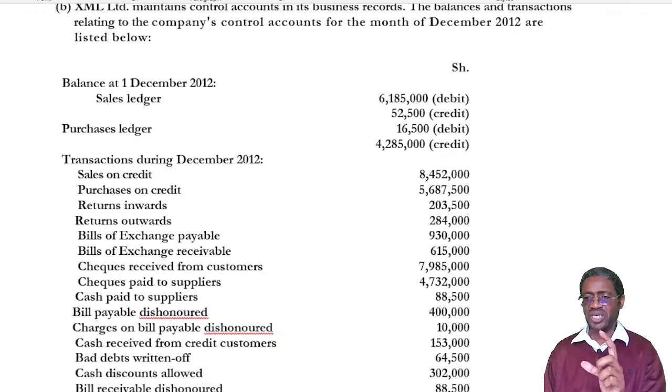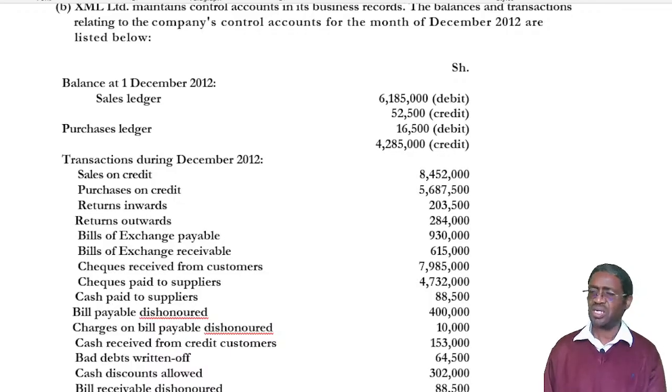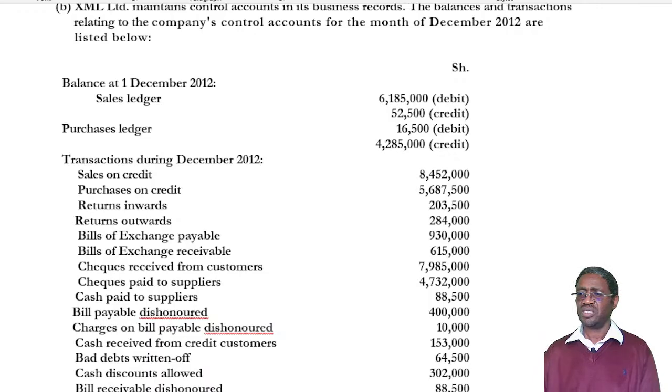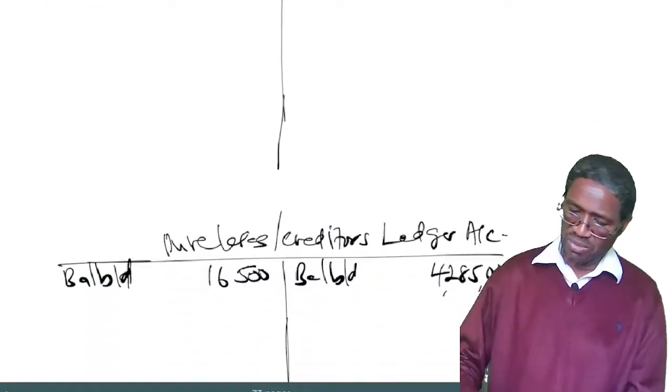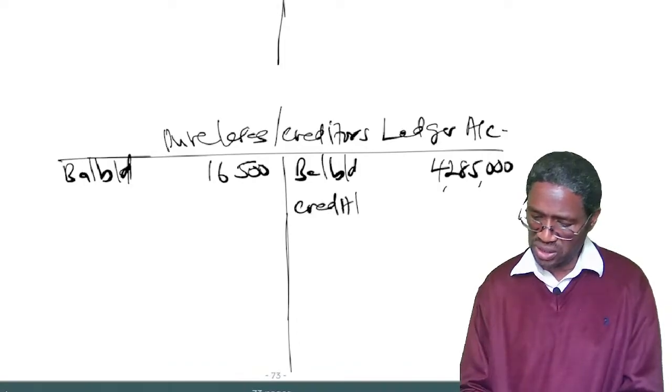We are given purchases on credit. Of course, when you buy goods on credit, you normally debit purchases and you credit creditors. So come and credit creditors. It's given as 87,500. You credit.